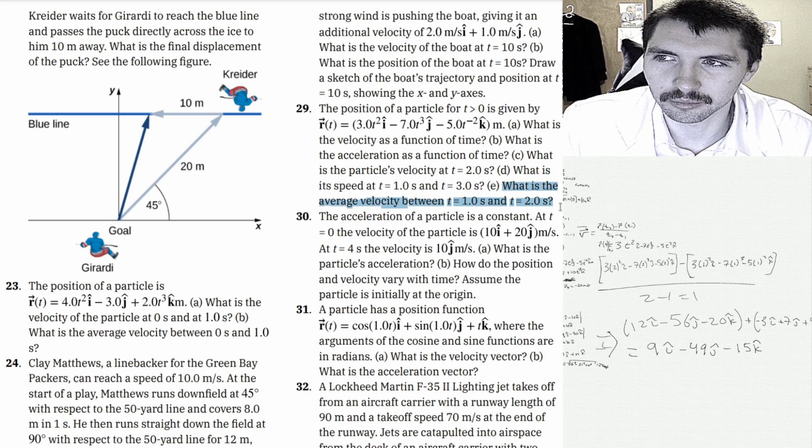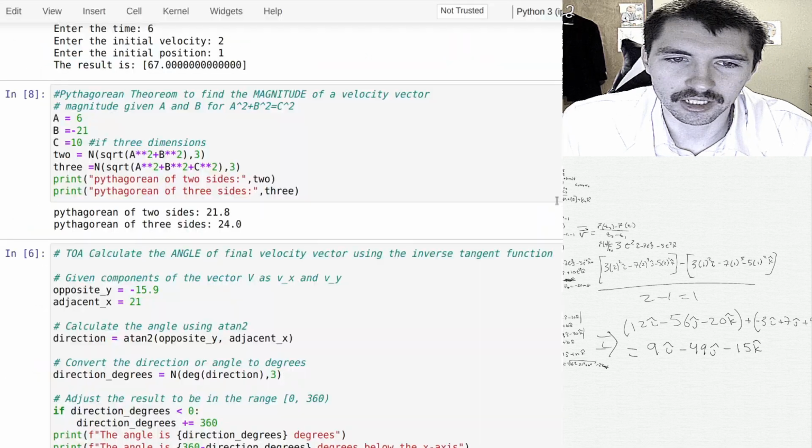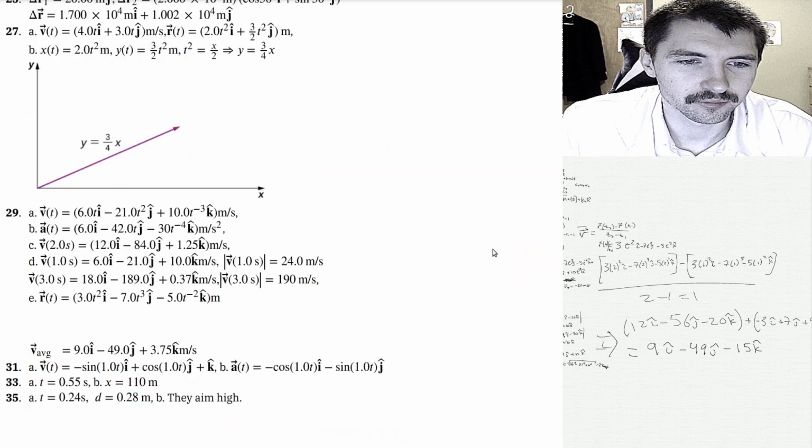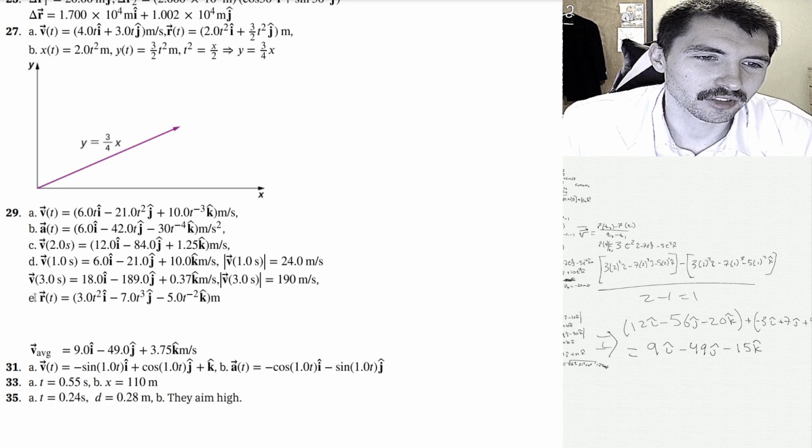I thought they asked for, yeah, they did that for the average velocity. So part E, the book's not even answering this.